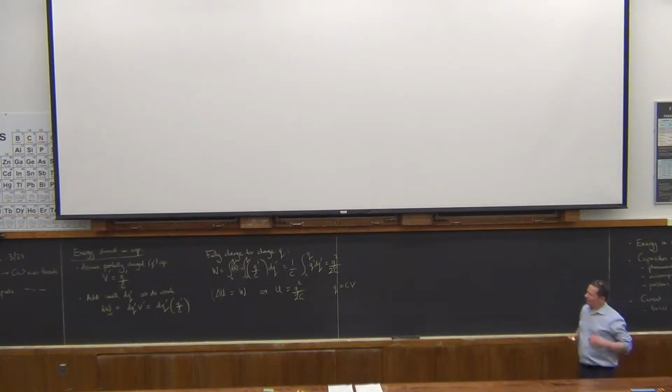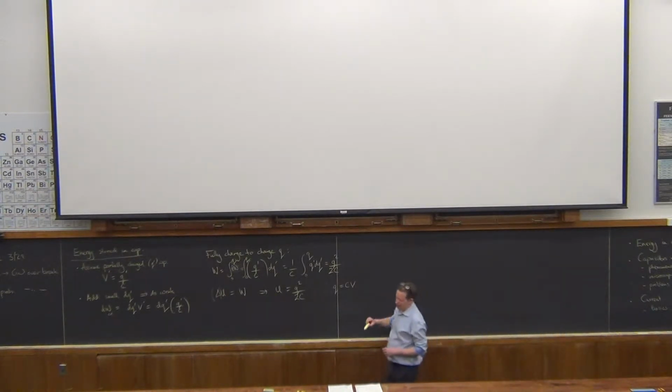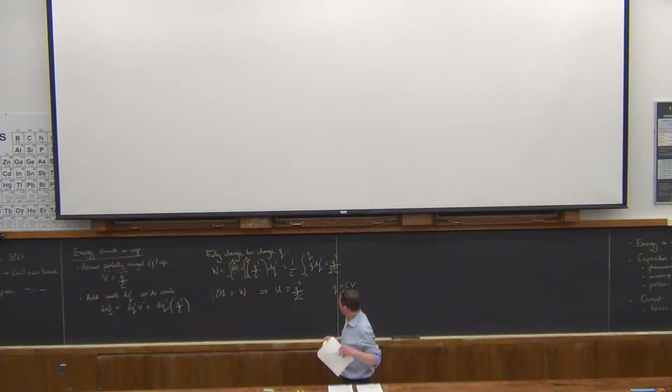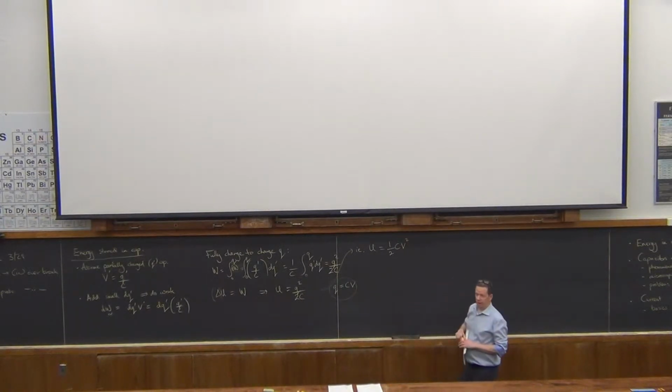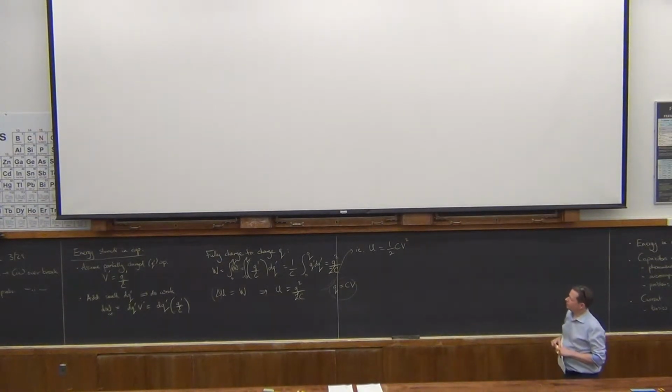Okay. So I'm going to make use of this and recast it in terms of C and V squared. So let me take this. So again, one permutation here giving us the total energy. All right, so this is the total energy.